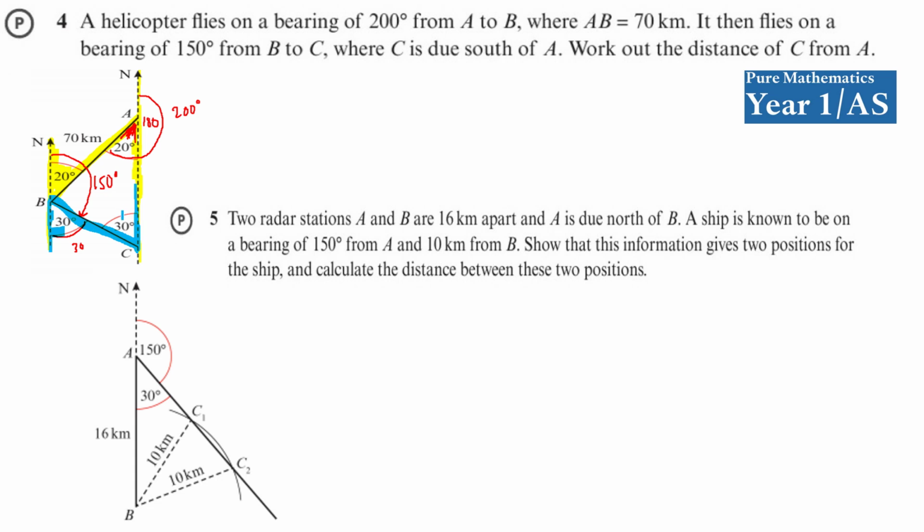We know this is 30 because of this 150 in a straight line, so this must be 30. Now once we've got this information, this question becomes a lot more straightforward, because that's why we know now that this angle here, B, is 130, and from there we should be able to do this question quite easily.